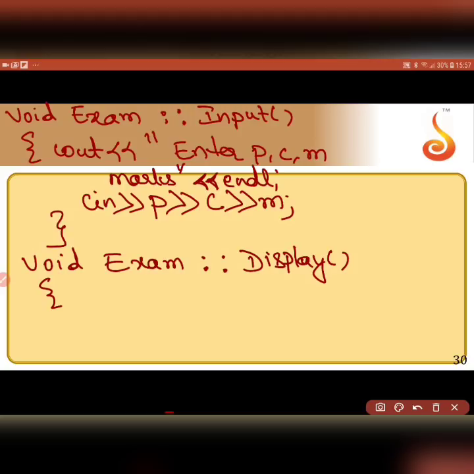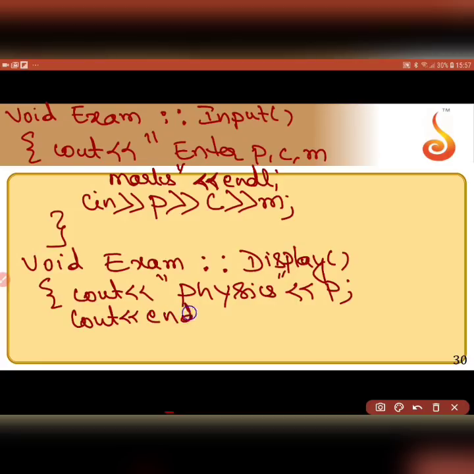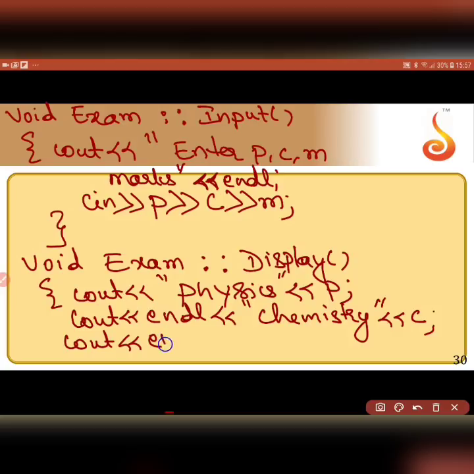How do I write now? cout, I will say physics, and then I will write the physics marks. cout, enter chemistry, cout, enter math, and then M.